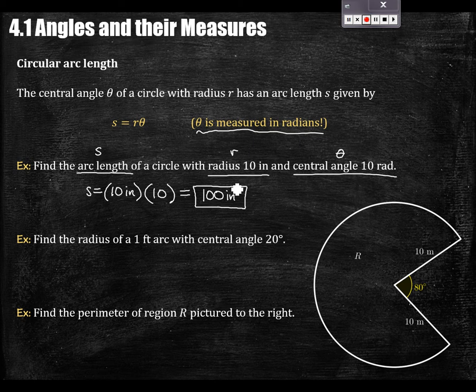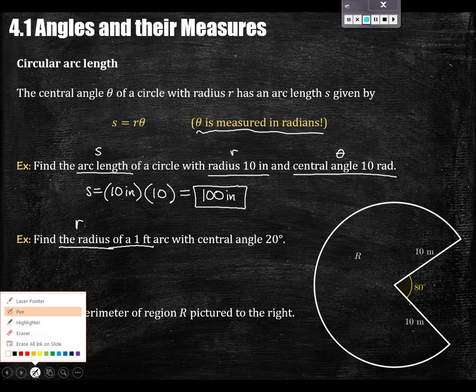Okay. Find the radius of a 1-foot arc with central angle 20 degrees. So this time I'm looking for R. Oh, excuse me, no, I was right.